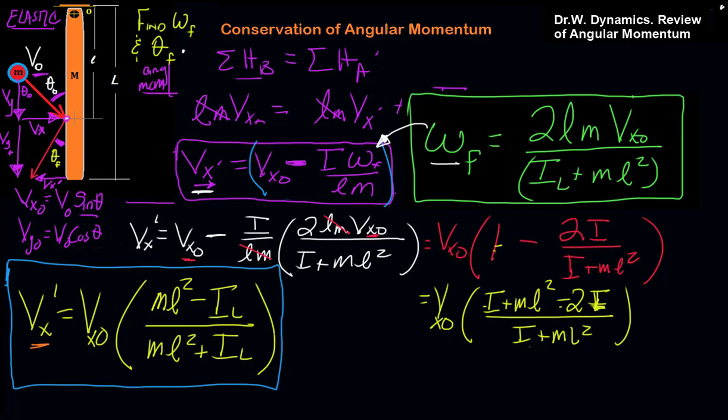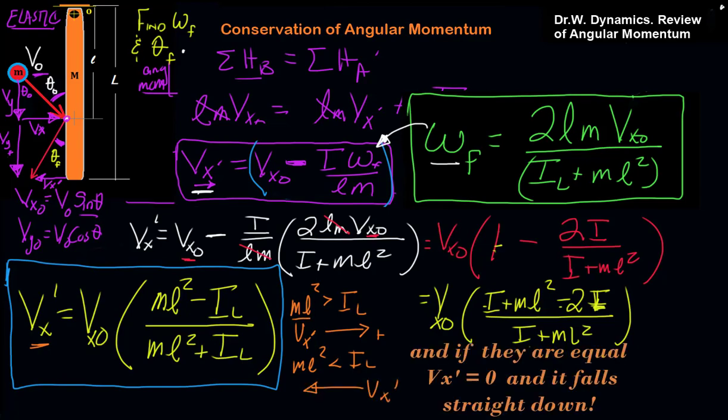And if we look at this in terms of its effect on the problem, if ml² is greater than IL, Vx prime will be in that direction. If ml² is less than IL, Vx prime will rebound in this direction.